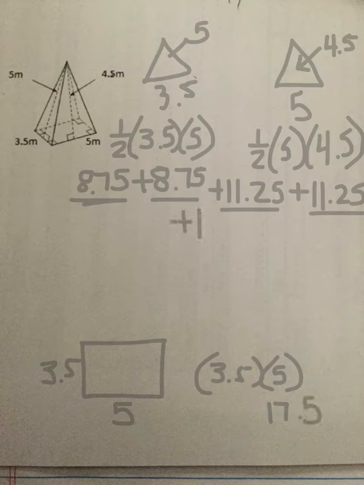So we're going to have to add that in, and we've now accounted for all 5 sides. When I add them together, I get a surface area of 57.5, and because it's area, meters squared.